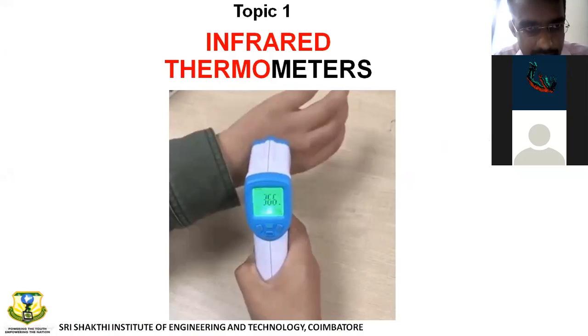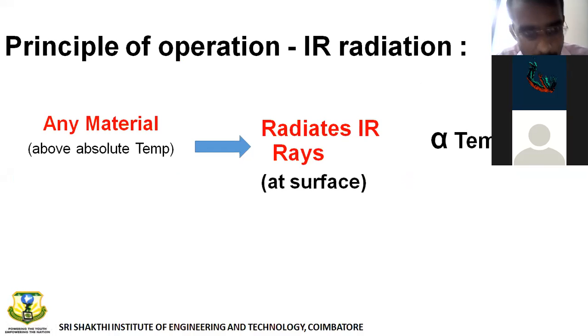Any material, anything living or non-living, even this computer or this screen saver, or that wall, above absolute zero temperature, it will try to radiate infrared waves. Even if it is my pillow, or this chair or whatever, it is at a particular temperature which is higher than absolute zero.